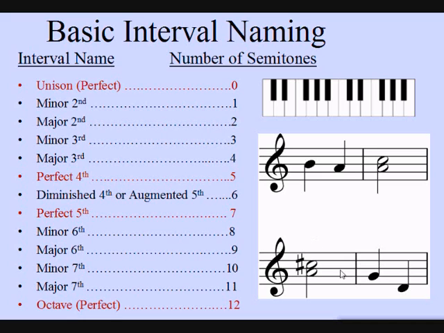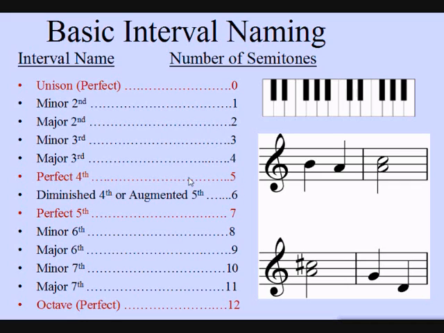This is also a harmonic interval. Here we have another melodic interval because the notes sound one at a time. Now we count from the staff count point of view: 1, 2, 3, 4. Therefore, this is a fourth. Just make sure that the number of semitones that separates them is either 5 or 6.